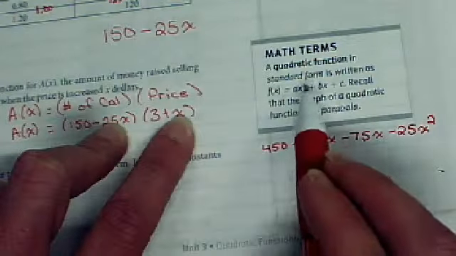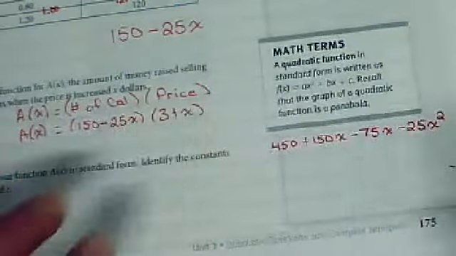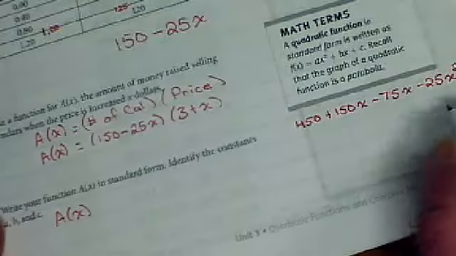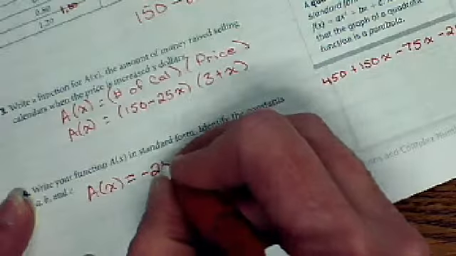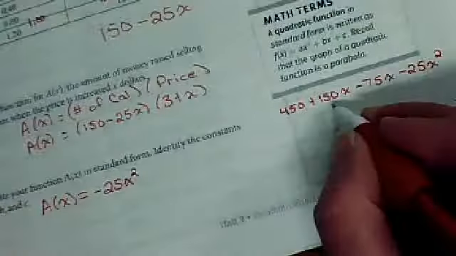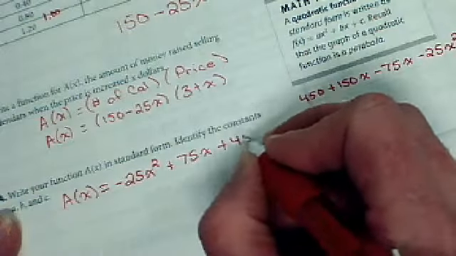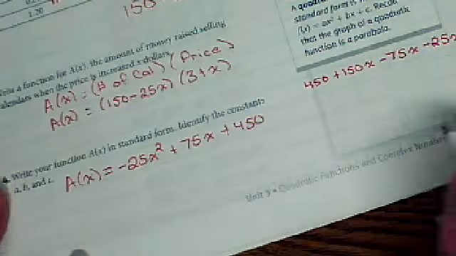Now, standard form is when you have ax squared plus bx plus c. So the x squared term was the negative 25. The middle term, 150x minus 75x gives me plus 75x and 450. So we're writing them in order. We like them decreasing in exponents, so x squared always comes first.